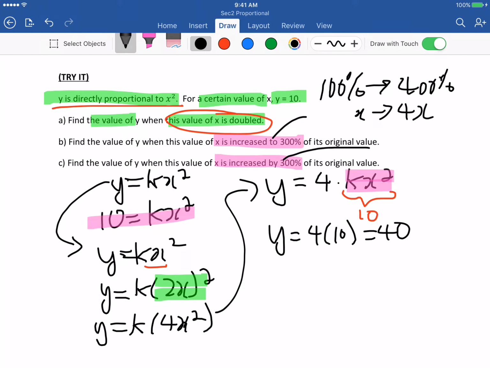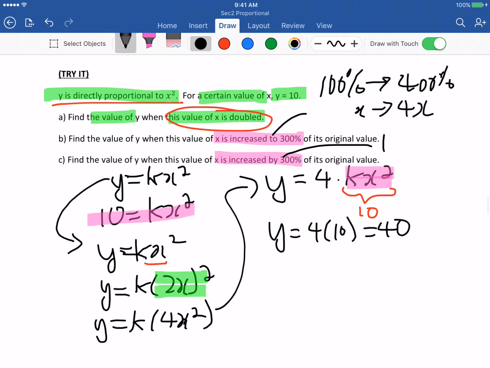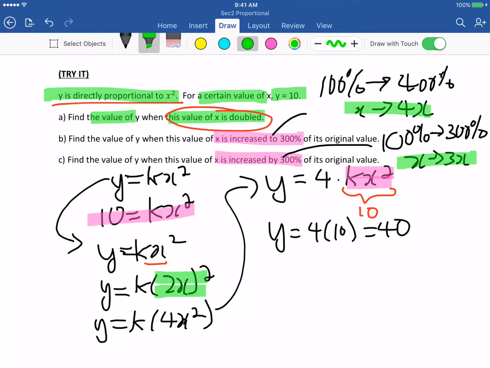For this one, 100% will increase to 300%, so x will become 3x. For the second and third example, that's what I need to take note. How you're going to do this is exactly the same. Okay, please take note of this. Go attempt B and C yourself.